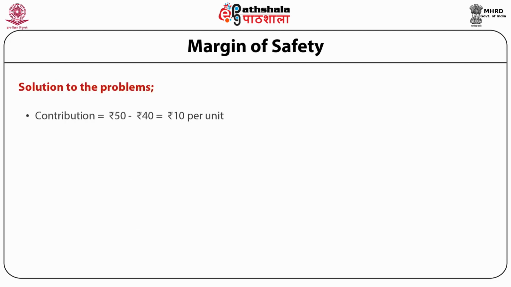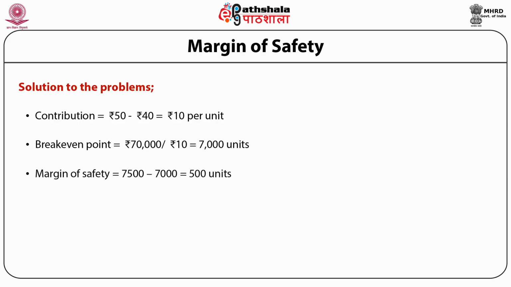So the contribution in this case is 50 minus 40, 50 is our selling price minus variable cost 40. So contribution per unit is rupees 10, and the break-even point in terms of units is equal to 70,000 divided by 10, 7,000 units. So margin of safety in terms of units is equal to 7,500, that is the budgeted or actual sales, minus 7,000, that is break-even point sales, that is equal to 500 units.